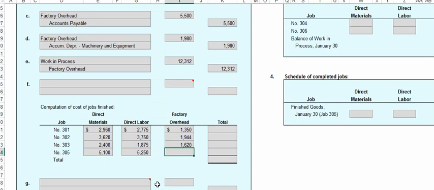And then on 305, 40 hours times our rate of 54 per hour, which is 2,160.